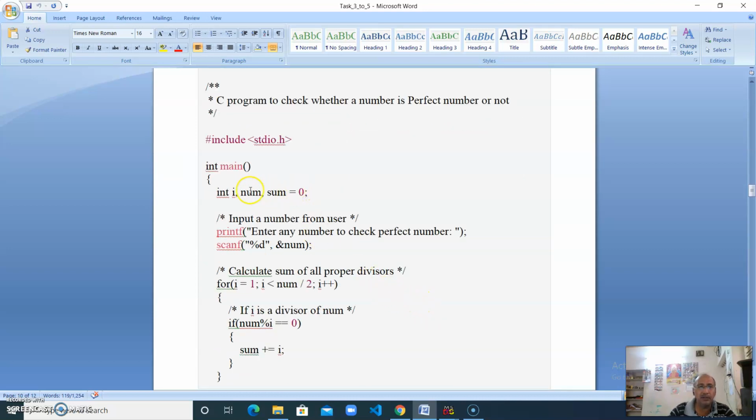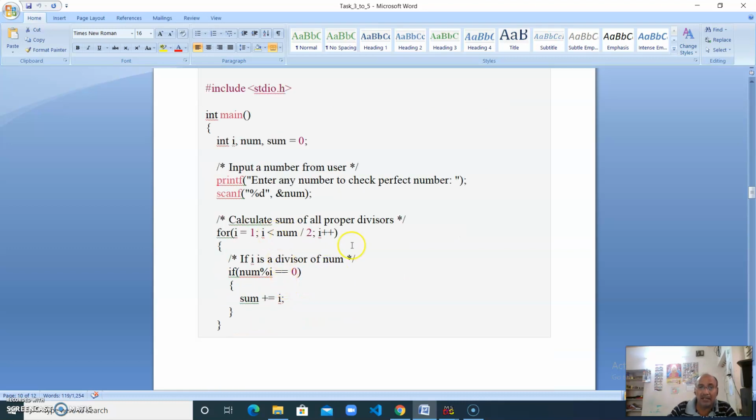Here: int i, num, sum equals 0; printf enter any number to check perfect number; scanf %d, &num. I think up to here we can easily understand. Calculate the sum of all proper divisors. For i equals 1, i less than num by 2, i plus plus.